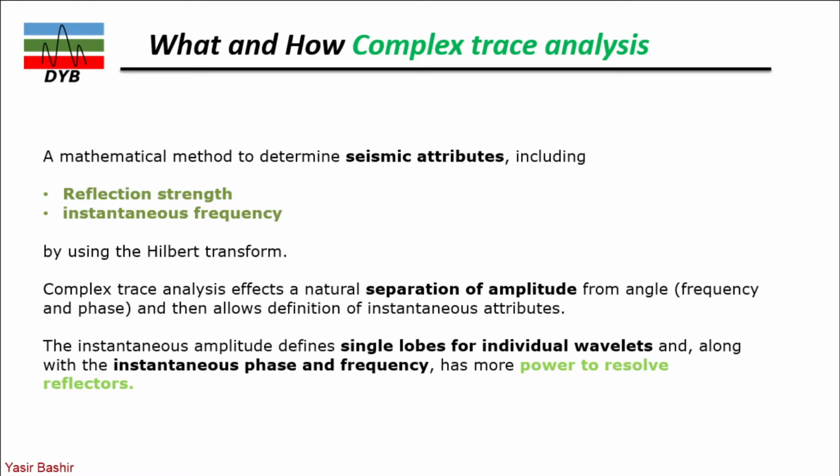If you look at the complex trace analysis effect, there is a natural separation of amplitude from the angle, which is from frequency and phase, and then it allows the definition of instantaneous attributes. The takeaway is that using the instantaneous amplitude actually defines the single lobe of individual wavelets. So if you have multiple wavelets with different lobes, it will define each and every lobe of the individual wavelet.